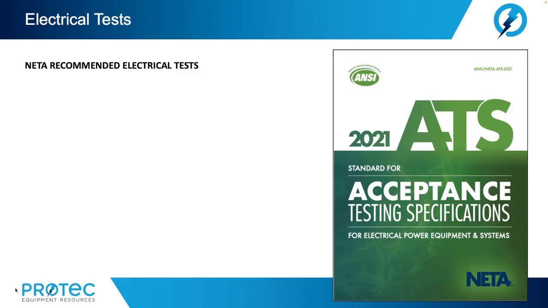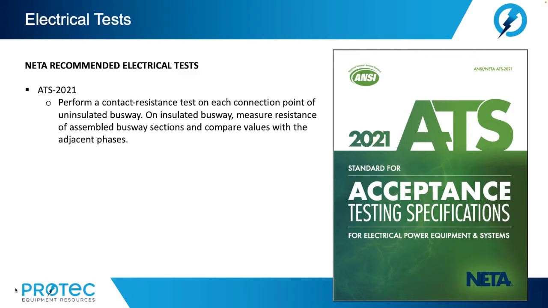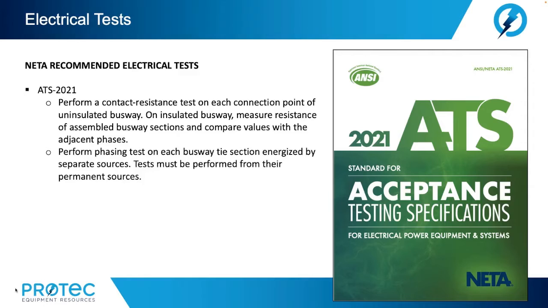Continuing on in the recommended electrical tests, perform a contact resistance test on each connection point of uninsulated busway or insulated busway. Measure resistance of assembled busway sections and compare values with the adjacent phases. Perform phasing tests on each busway tie section energized by separate sources.